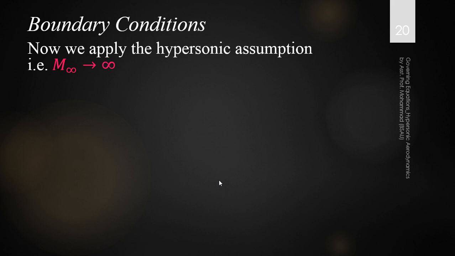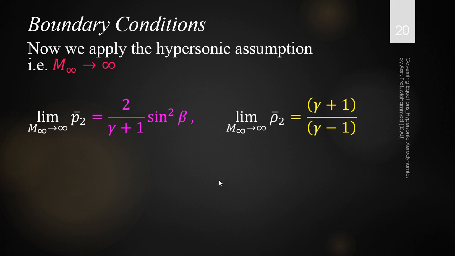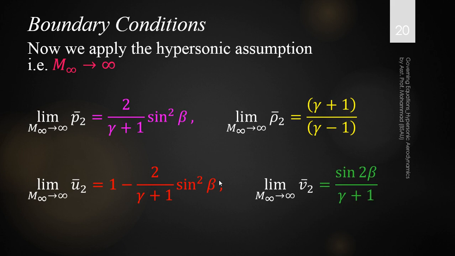So if M infinity tends to infinity, the pressure ratio becomes like this, and the density ratio becomes like this, and the velocity ratio as well. Students should try. I think it's not much difficult to get these values. We just apply M tends to infinity and then take the limit. We'll come out with these equations. If you have any problem, then you can mail me, or you can ask me in the next class. Otherwise, I think this is good enough to understand this. These are the values we have got after applying the approximation of M tends to infinity.